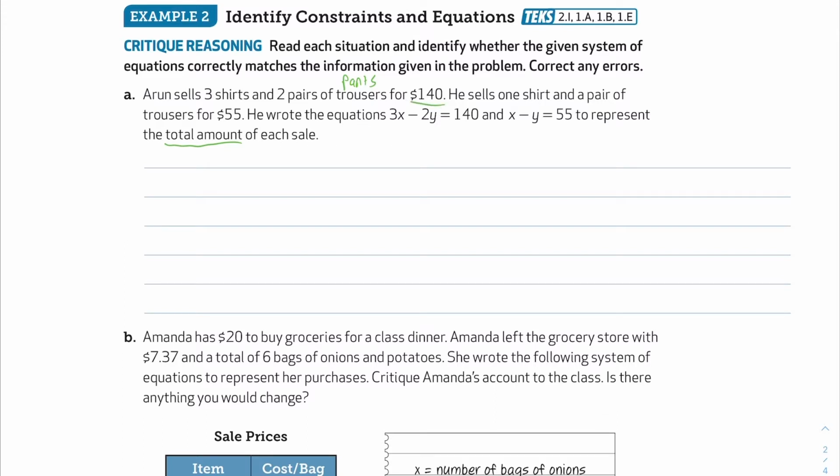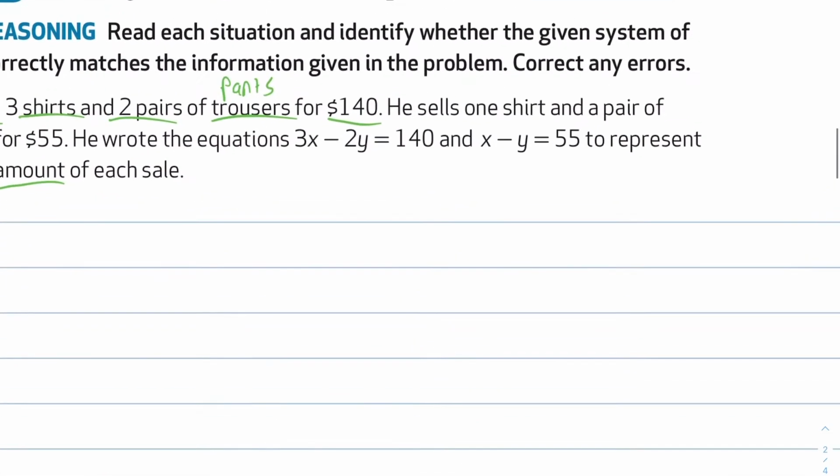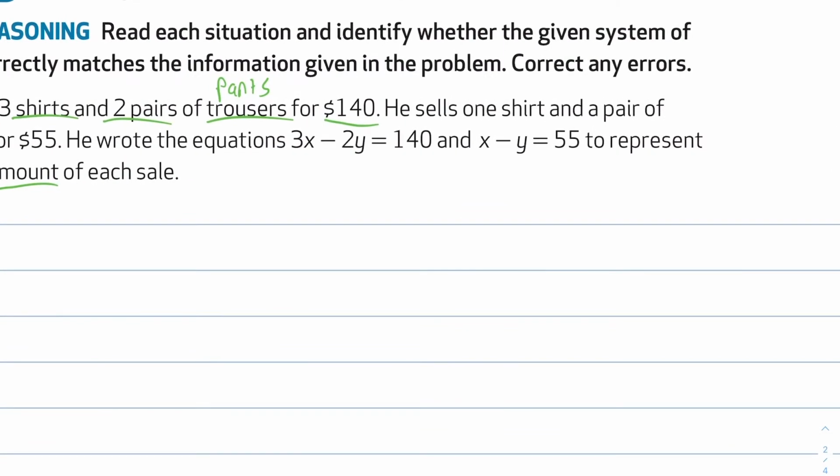That 140 for that total amount comes from selling shirts and pants. He doesn't do anything else to get that $140. All he does is sell shirts and pants. If he's selling these shirts and these pants, is this the correct equation that says he sold 3 shirts and he also sold 2 pants?